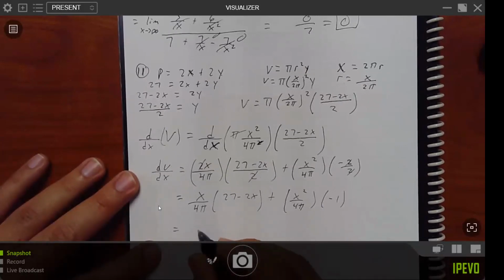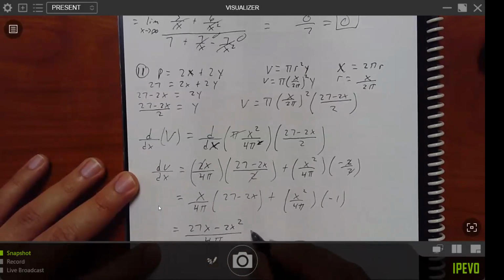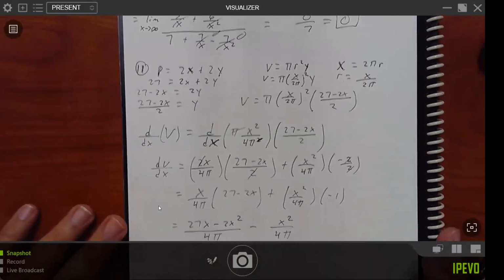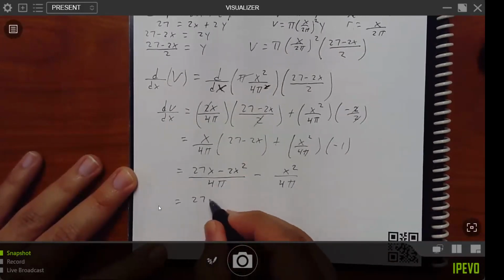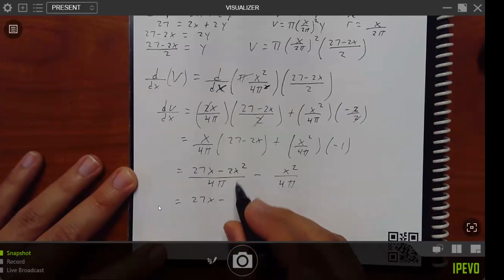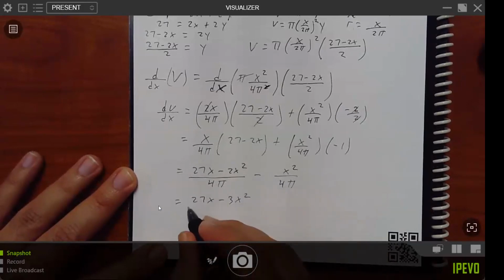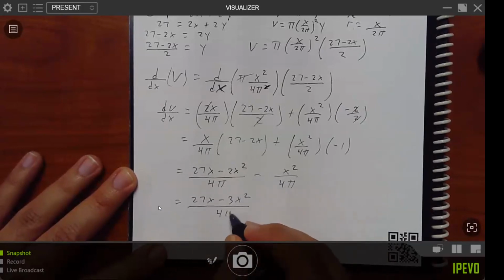So multiply all this out, that'll be 27x minus 2x squared over 4 pi minus x squared over 4 pi. Combine them, we will get 27x minus 3x squared over 4 pi.